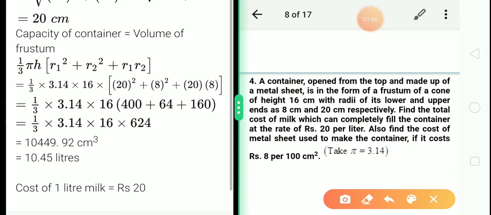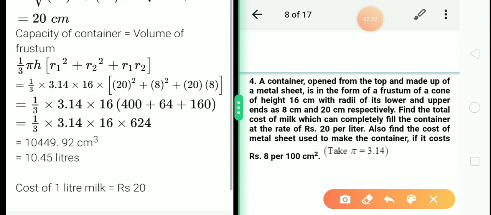Then we have to find the capacity of the container, that is the volume of the frustum. So the formula of volume is equal to 1 upon 3 pi h into (R1 square plus R2 square plus R1 into R2). Then put the values. So 1 upon 3 into 3.14 into 16 into (20 square plus 8 square plus 20 into 8). So first solve the brackets. 20 square is 400, 8 square is 64 and 20 into 8 is 160.